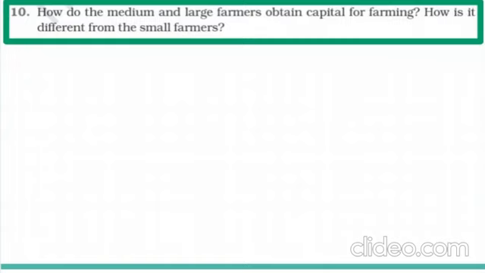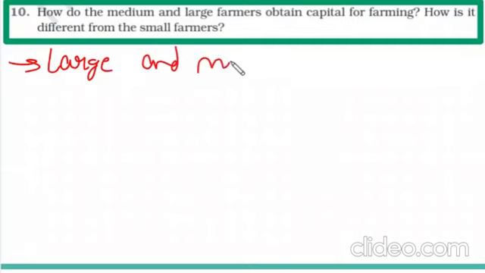Now we studied about a small farmer. Now we have to write about medium and large farmers. How do they obtain their capital for farming, and how is it different from small farmers? This is a very interesting question. Now, let's say we have large and medium farmers, correct?